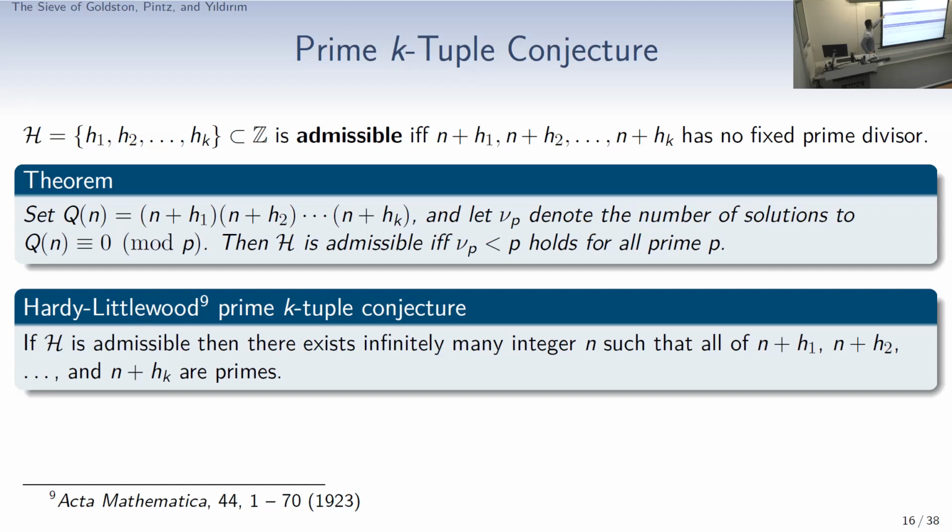So we let H denote a finite subset of integers composed of k elements, and we call it a k-tuple because it has k elements.